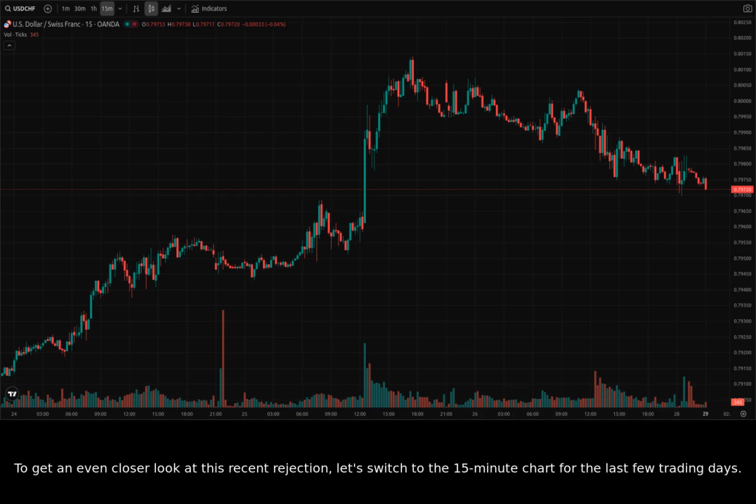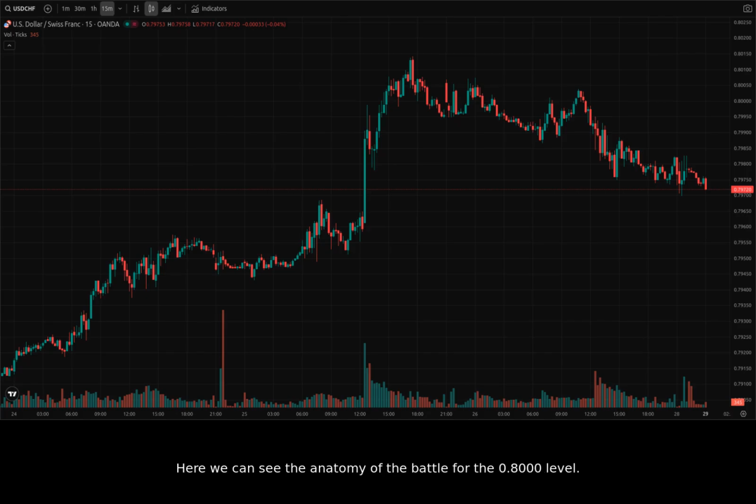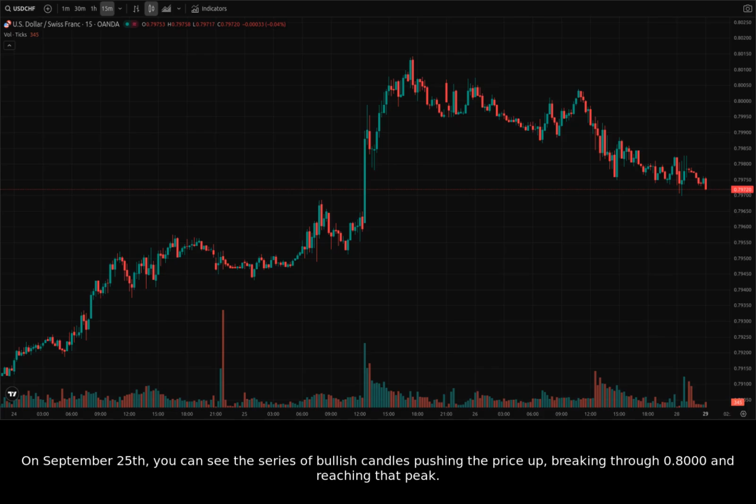To get an even closer look at this recent rejection, let's switch to the 15-minute chart for the last few trading days. Here we can see the anatomy of the battle for the 0.8000 level. On September 25th, you can see the series of bullish candles pushing the price up, breaking through 0.8000 and reaching that peak.